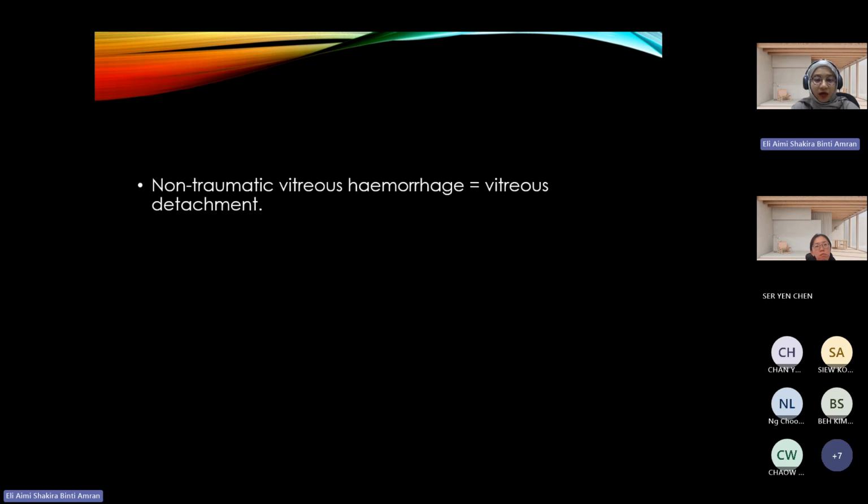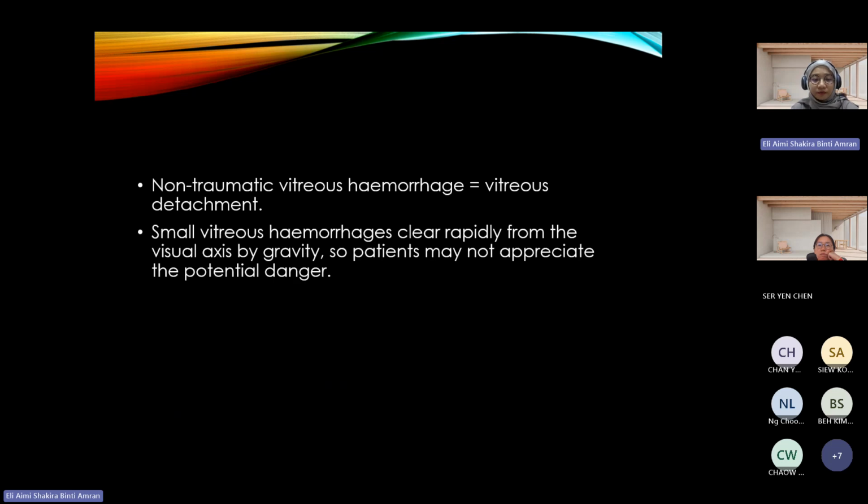Next, non-traumatic vitreous hemorrhage. It can cause vitreous detachment. Non-traumatic means a sudden hemorrhage, which can be caused by any bleeding in the vitreous. If it's a small vitreous hemorrhage, especially if it's on the visual axis, it can clear rapidly by gravity.